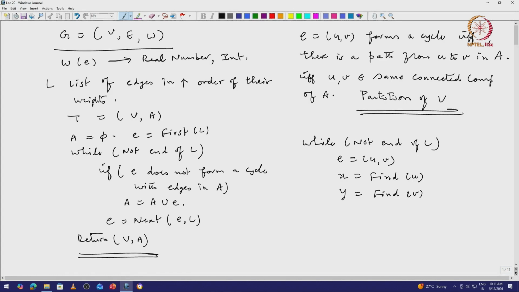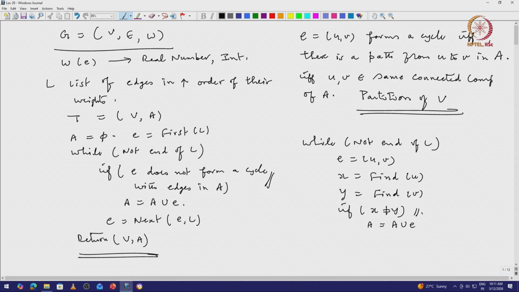So, E does not form a cycle is translated into if X not equal to Y. You can see how this condition is so nicely translated into if X is not equal to Y, A equal to A union E included.